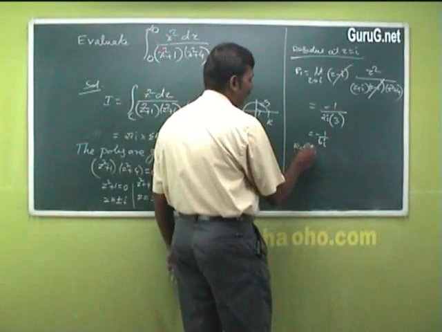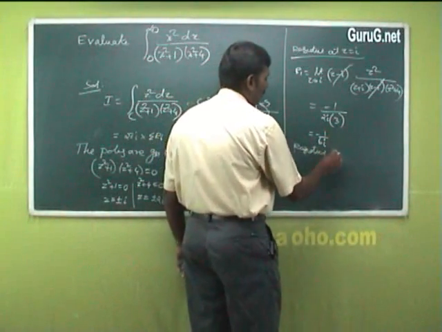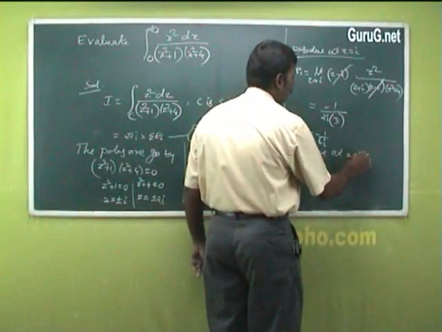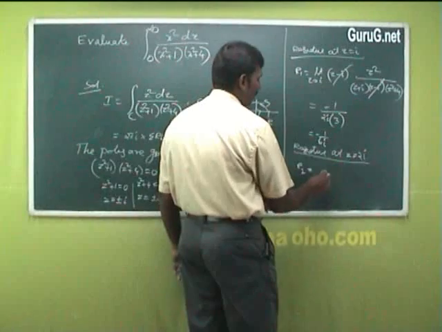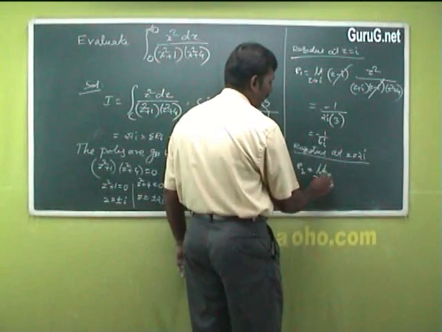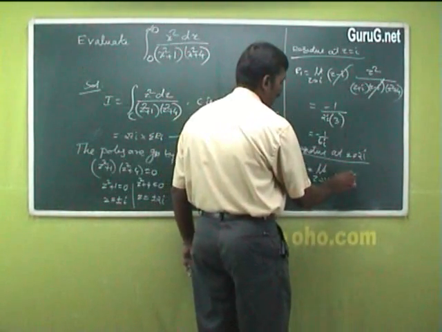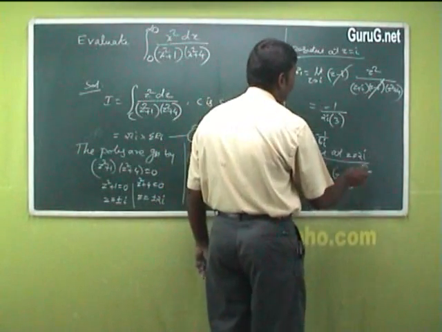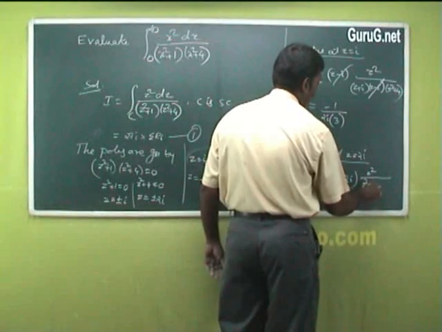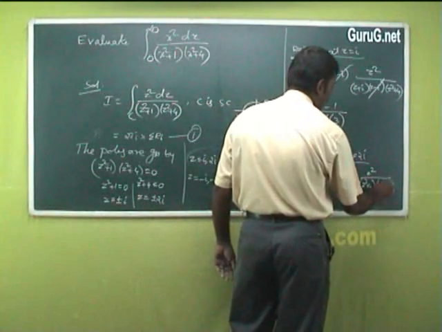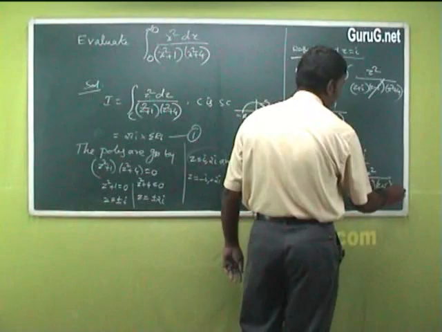So residue at z equal to 2i. Now R2 equal to limit z tends to 2i of z minus 2i into z squared by z squared plus 1 into z plus 2i into z minus 2i.